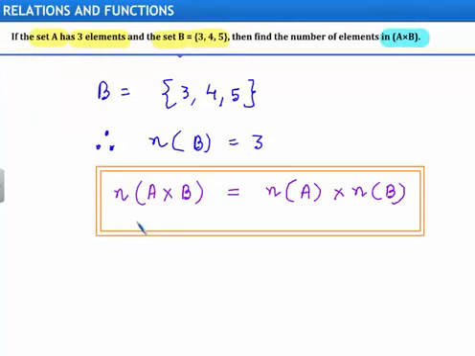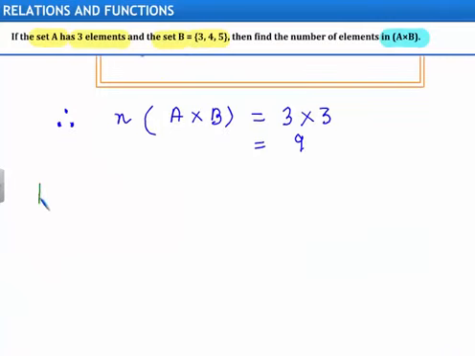We know that n(A cross B) is equal to n(A) multiplied by n(B). Therefore, n(A cross B) will be equal to n(A) which is 3, multiplied by n(B) which is also 3. So 3 multiplied by 3 is equal to 9.